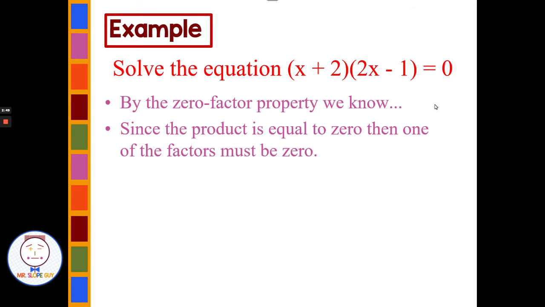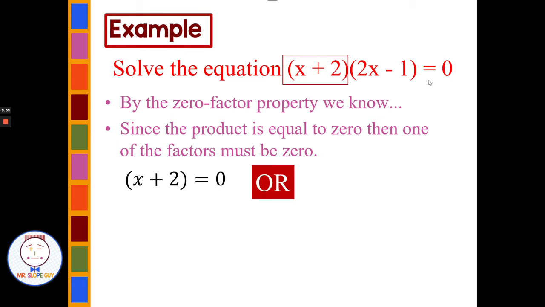By the zero factor property, if the product is equal to 0, then one of the factors must be 0. So I want to take this first set of parentheses, x plus 2, set it equal to 0, and then take the second set of parentheses, 2x minus 1, and set it equal to 0. So that's where our two answers are going to come from.